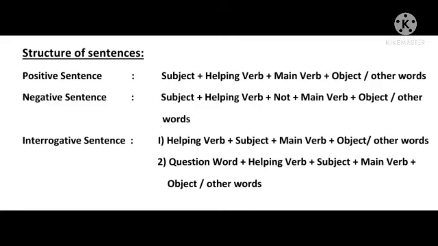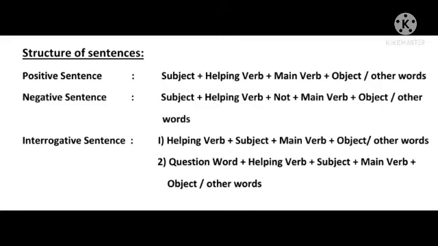Now if the sentence is interrogative, there are two types of interrogative sentences. The first one is yes no type question. In that case, first of all, we have to place helping verb, then subject, then main verb and then object or other words. So what do we have to do to convert a sentence into interrogative? We have to place the helping verb before the subject.